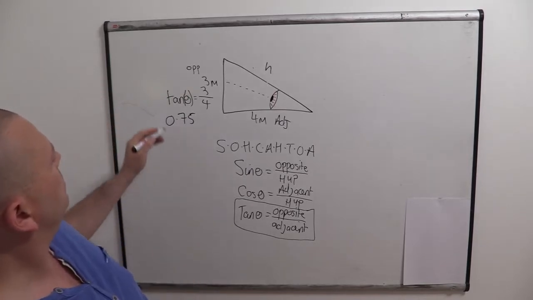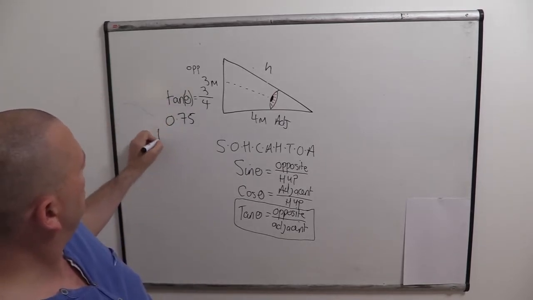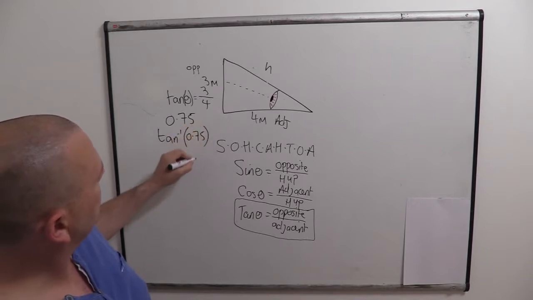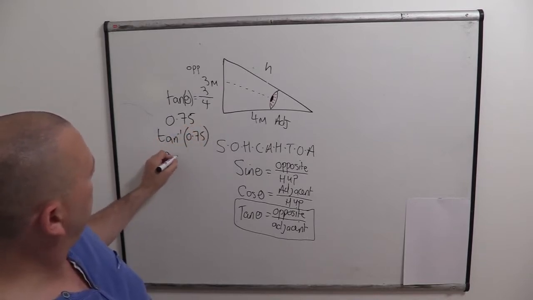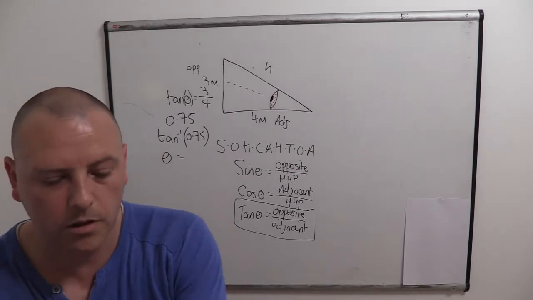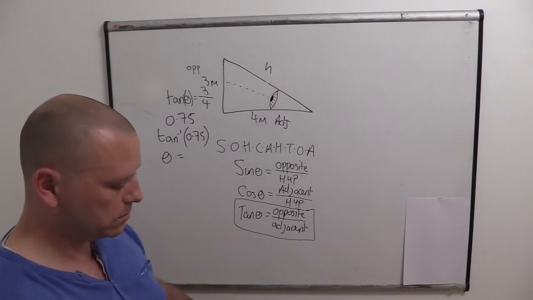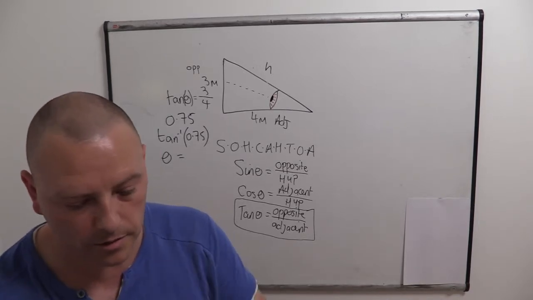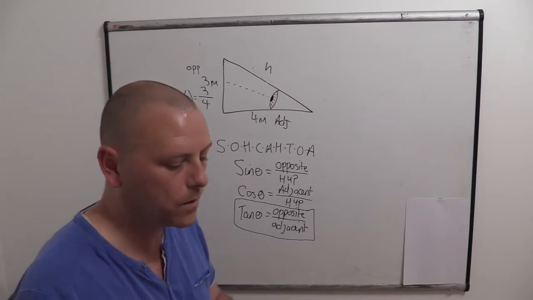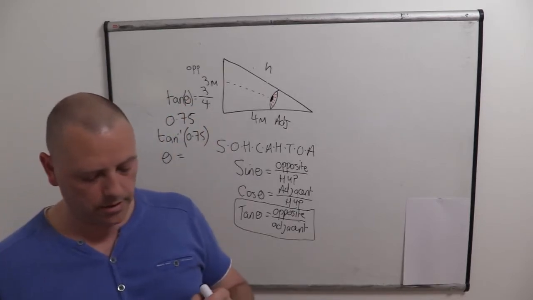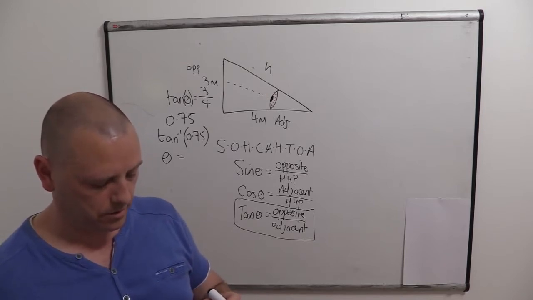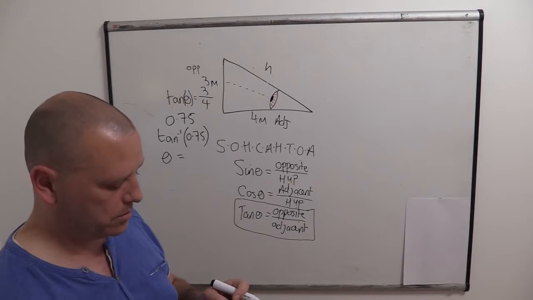What we need to do is do the inverse of that, so tan to the -1 of that ratio, 0.75, and then we'll get the angle. And it says the angle is 36.8698965.